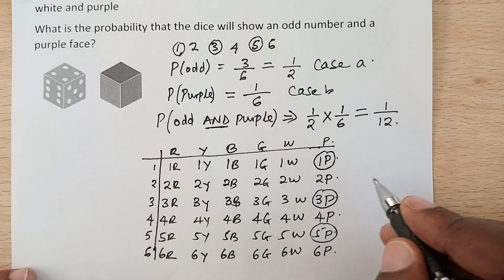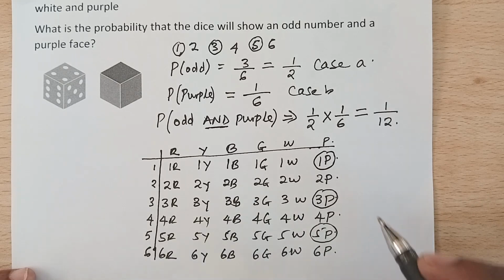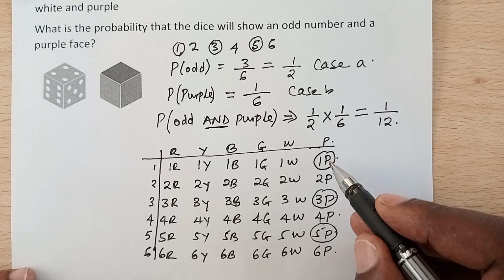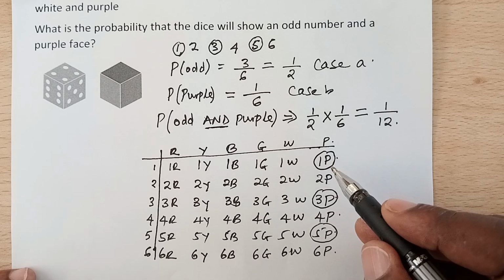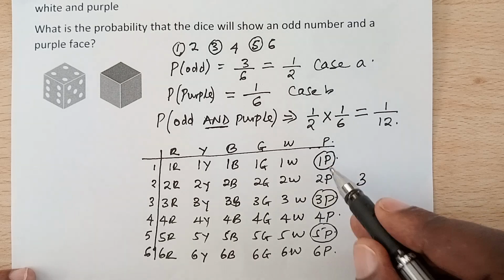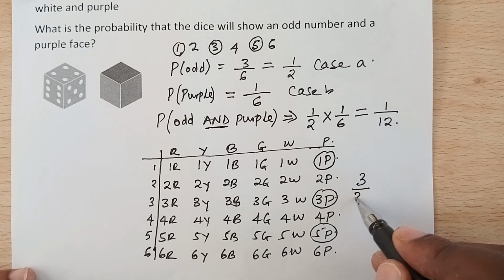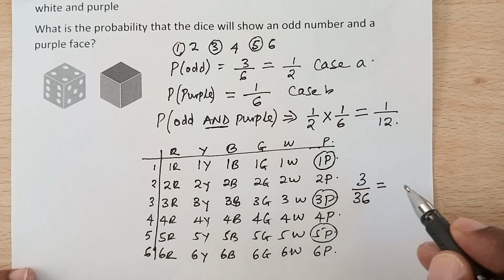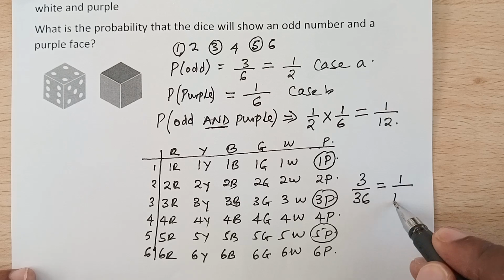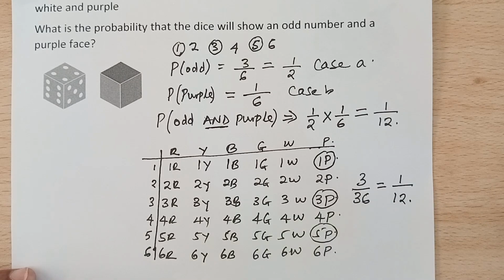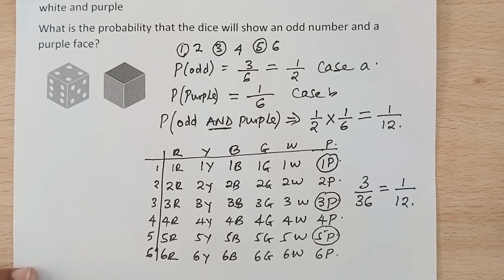So the probability of showing odd and purple is any of the 3, that is 3 out of the possible 36, which simplifies to 1 out of 12.